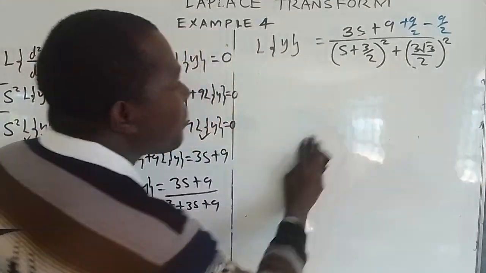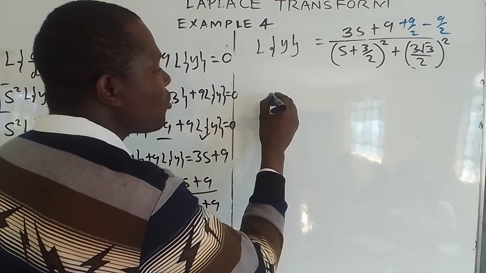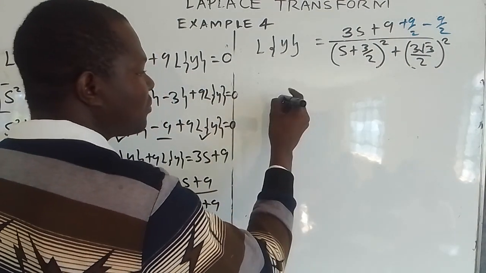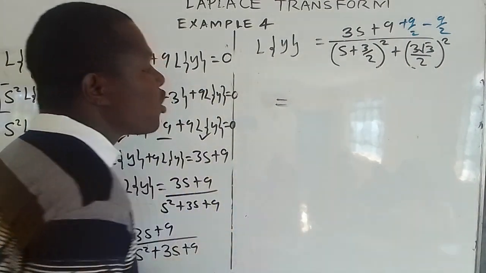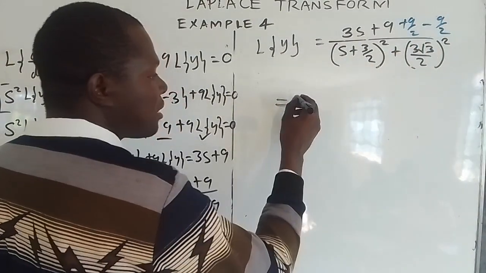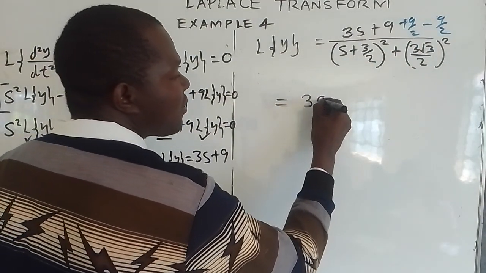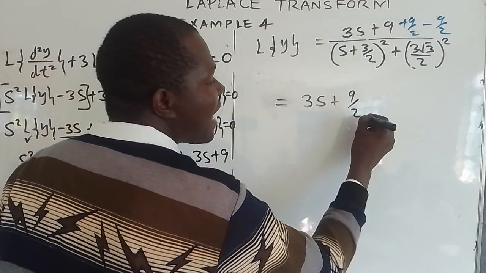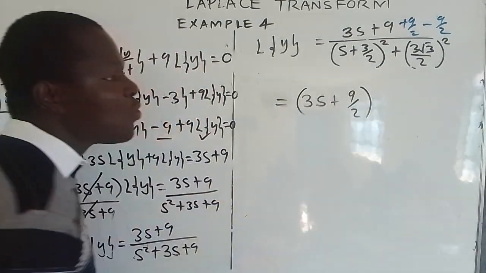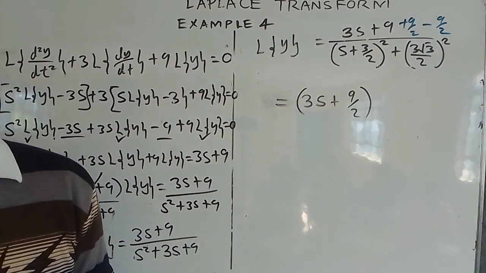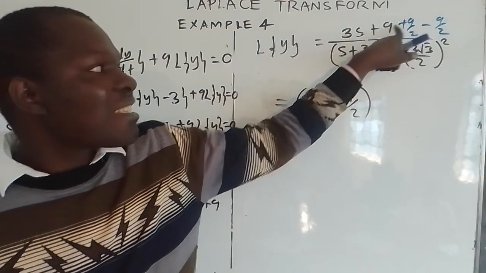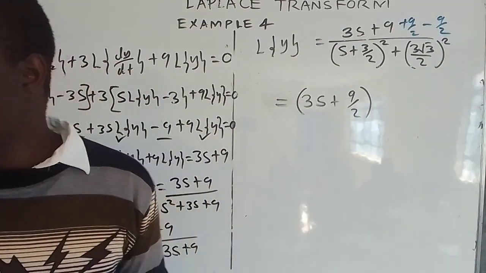So if that is well understood, then this is now how you express it. Now look how you express it. This is going to be 3s plus 9 over 2 to be the part which has s minus a, isn't it? Then the other one you join with the calculator. Plus 9 minus 9 over 2, what do you get?